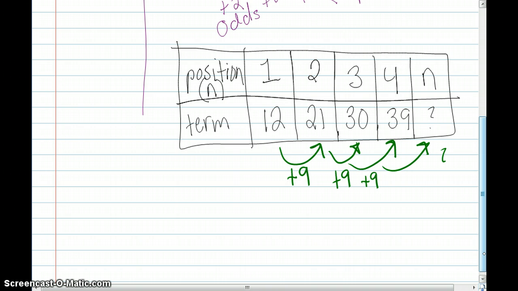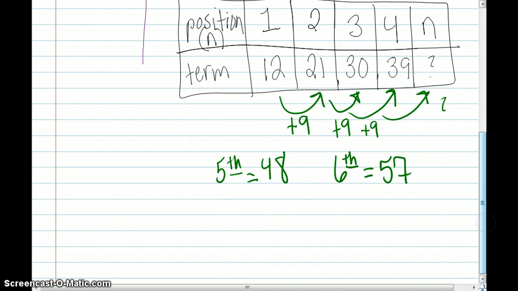So if each term goes up by 9, then after 39, the 5th term would be, you're thinking, you're right, it would be 48. And then our 6th term would be 57.